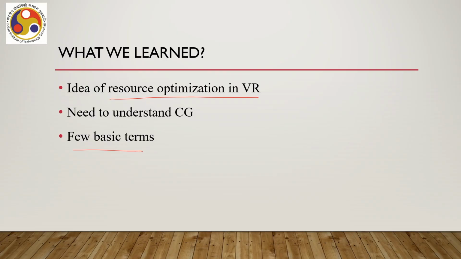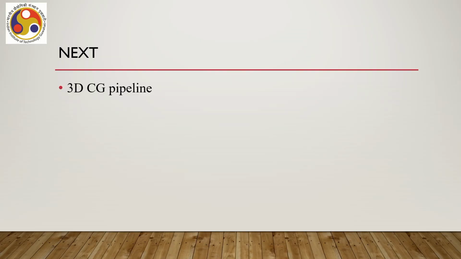In the subsequent part of the lecture, we will be covering a concept known as the 3D computer graphics pipeline, or 3D graphics pipeline in short, which refers to the process of computation starting from object representation to rendering on the pixel grid. This is a stage wise process, and the stages together are called the 3D graphics pipeline. We are going to talk about that pipeline in subsequent parts of the lecture.